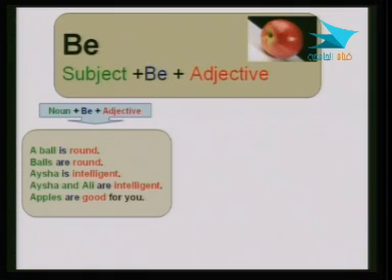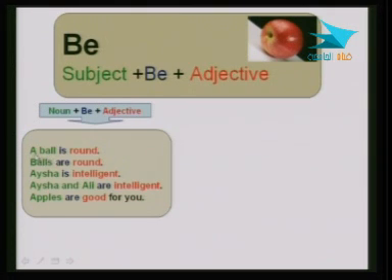First example: a ball is round. A ball is round. Balls are round. Notice that the subject, ball, which is in green here, comes first.